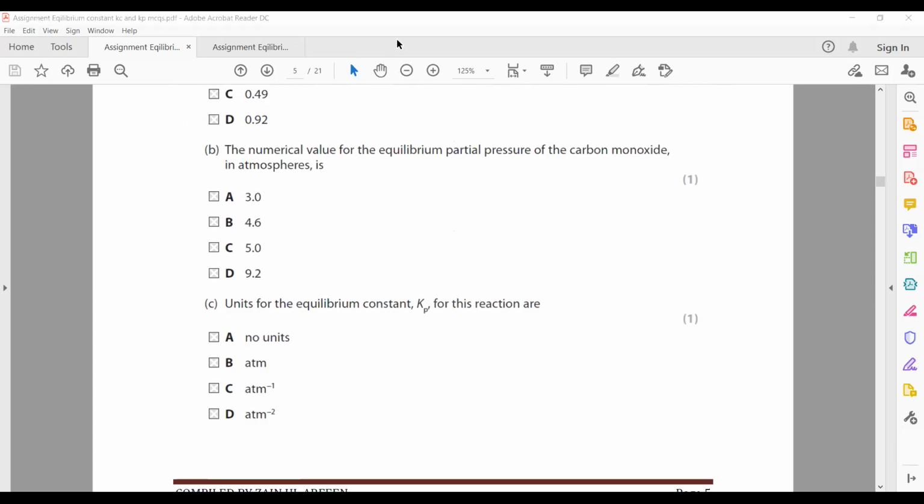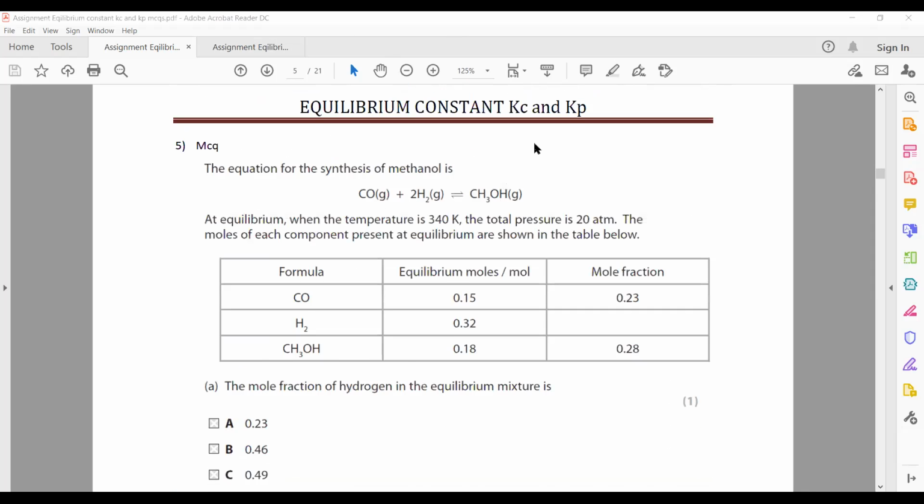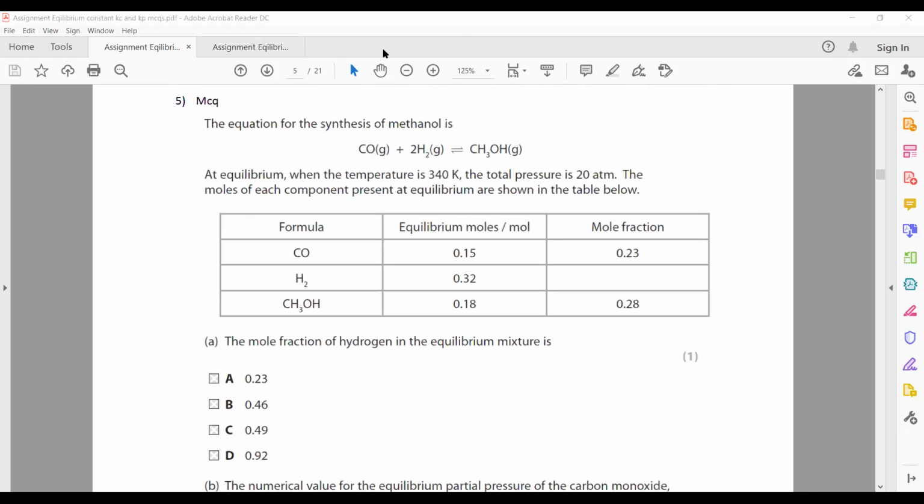And then you will substitute the values for Kp. What is the unit for Kp? You can write an expression here. Kp is product divided by reactant. The pressure of the product, due to CH3OH, divided by pressure due to carbon monoxide and pressure due to hydrogen, but because its coefficient is 2, it will be squared.